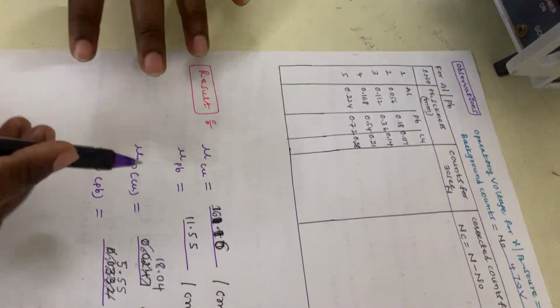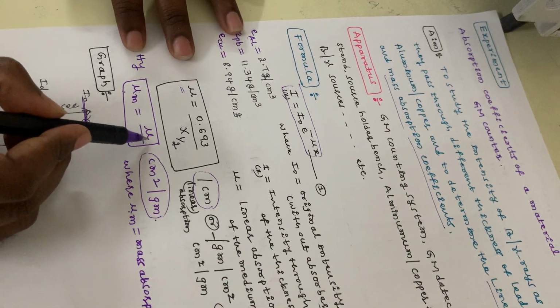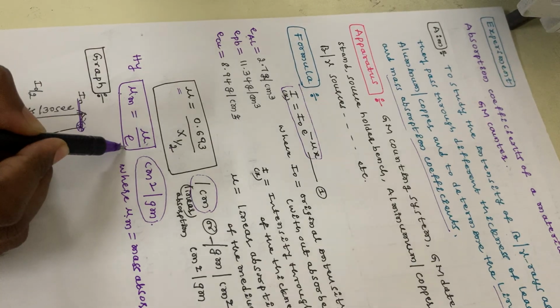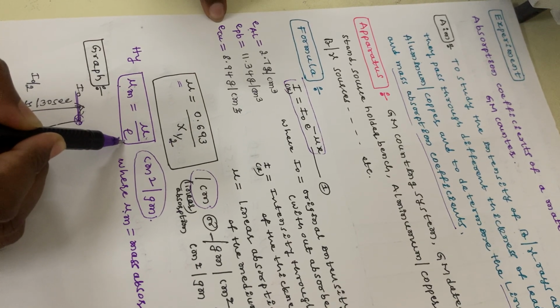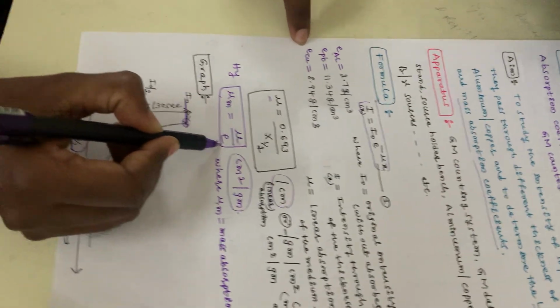Now what is our ultimate goal? We need to calculate the mass absorption coefficient. How do we calculate it? Linear absorption coefficient divided by the density of the corresponding material. Whether it may be lead sheet, lead density you have to use; whether it may be copper sheet, copper density you have to use. You will get the answer.